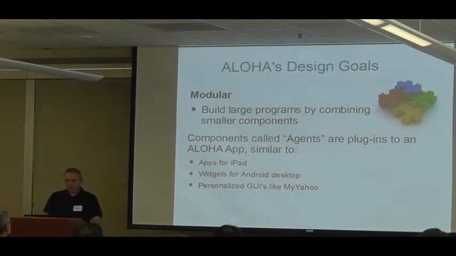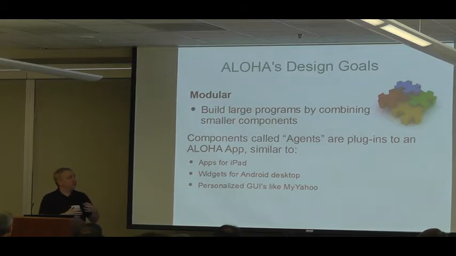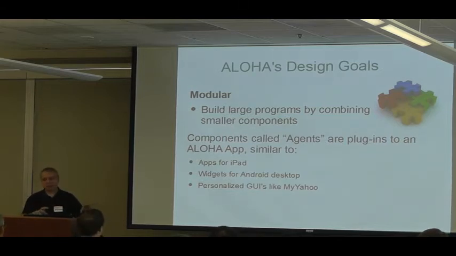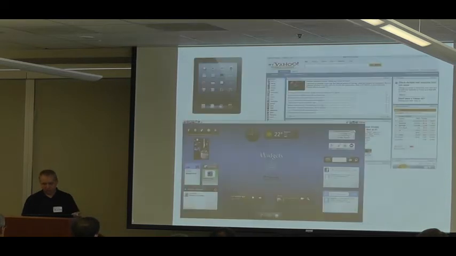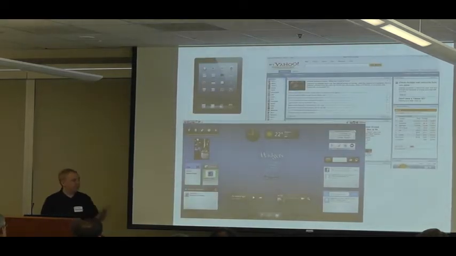So the way that we did it in ALOHA is we tried to focus on modularity and write small modules that are easy to understand, that encapsulate one piece of the code and then connect it to the other pieces. And this would be kind of following a similar model of many of the platforms that we see today.